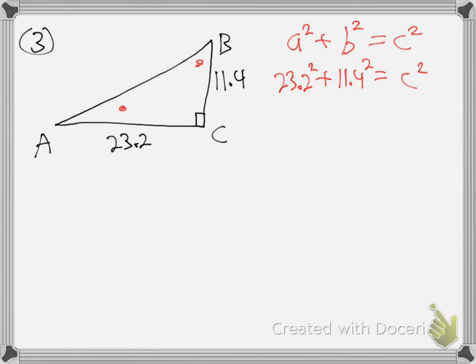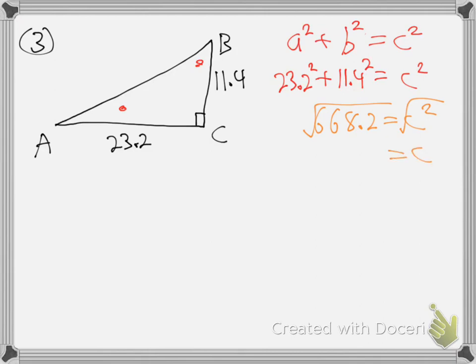Like that. And then we've got to square root that, don't we? So let's see what we get here. 23.2 squared plus 11.4 squared. I'm getting 668.2 is c squared, and then root it.